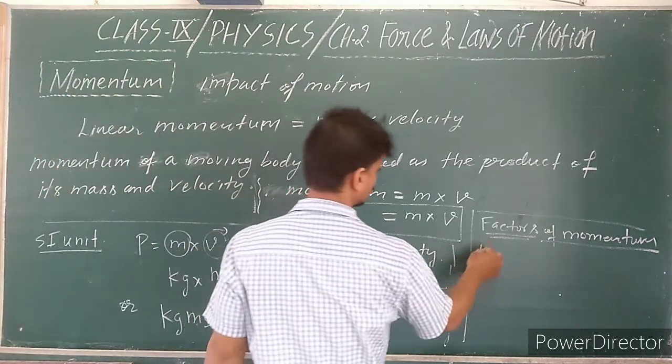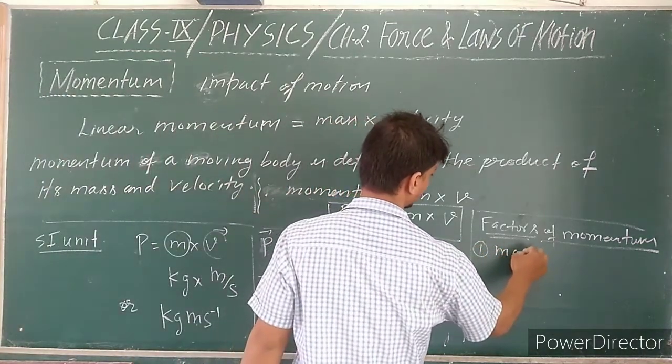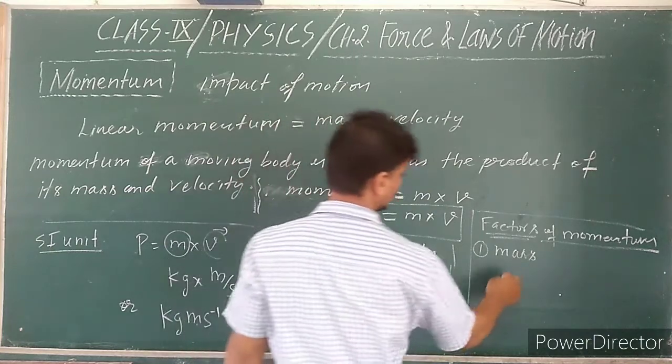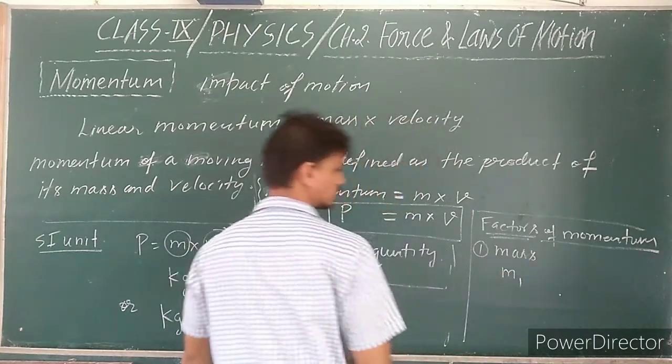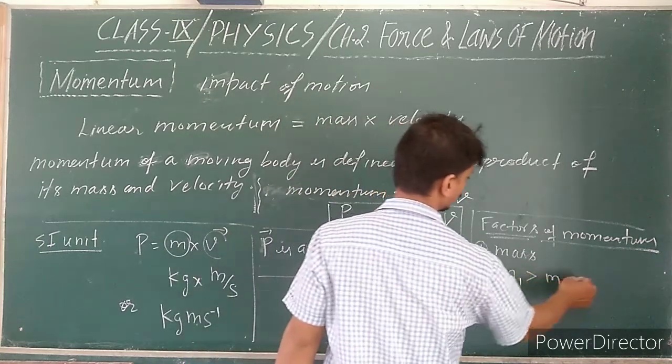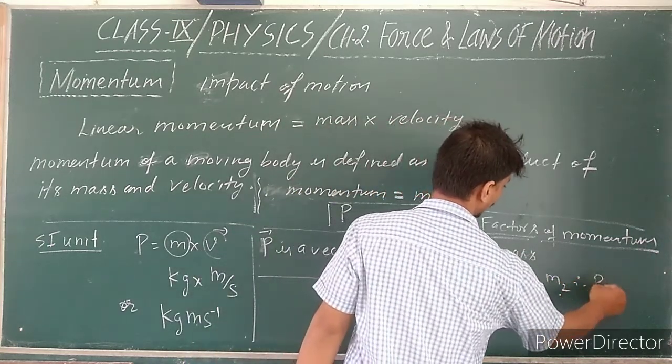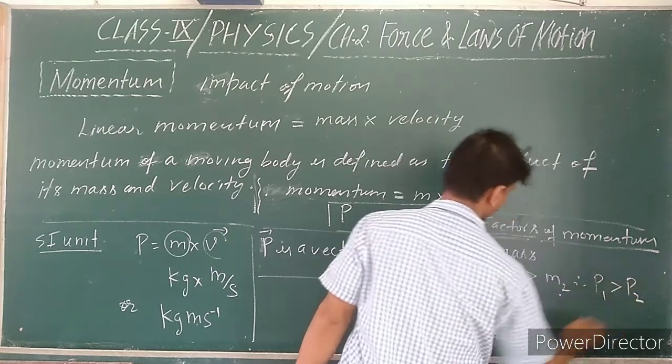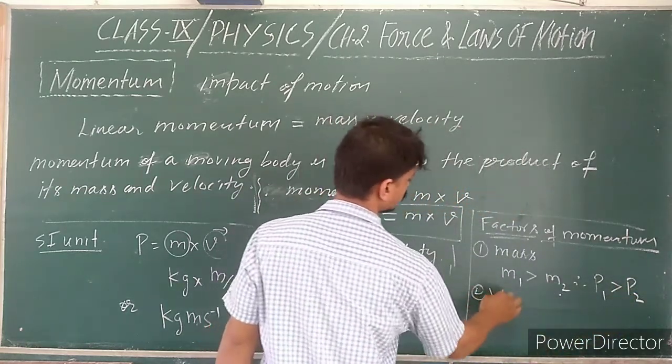The first factor is the mass of a body. There are two objects, first M1 and second M2. If the first one has a greater mass, it will obviously have a greater momentum. And the second factor is the velocity.